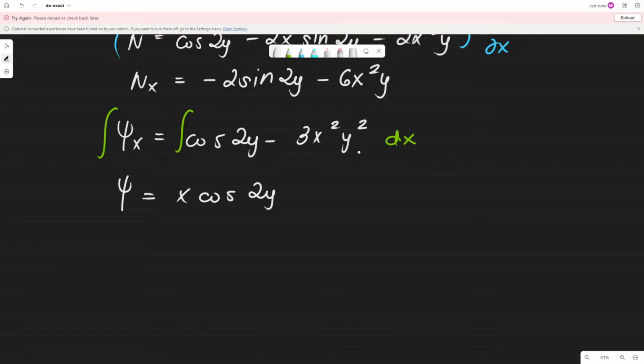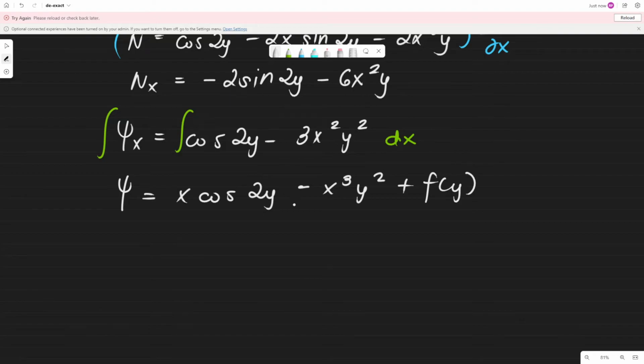Then we'll have the antiderivative of negative 3x squared y squared, which is negative x cubed y squared. Why did it become negative x cubed? Because remember our 3, it becomes 3x cubed over 3, so our 3 cancels. That's why that is what remains. Then, plus f of y.